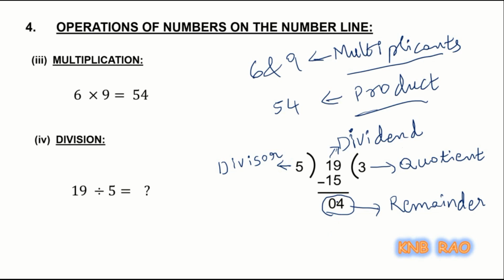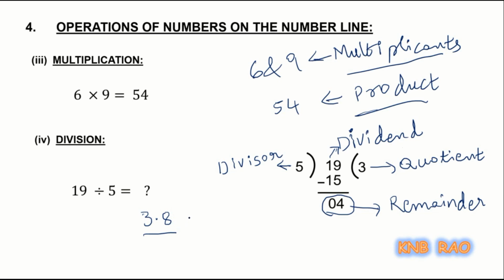Can we further continue the division operation? Obviously we can continue. If you continue, sometimes the remainder gets 0 and sometimes it will not be 0. If it is getting 0, then we have the possibility of the quotient's decimal places ending.